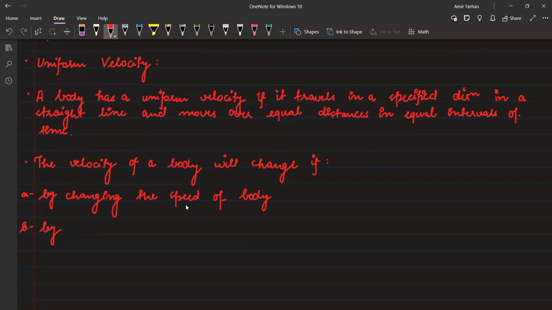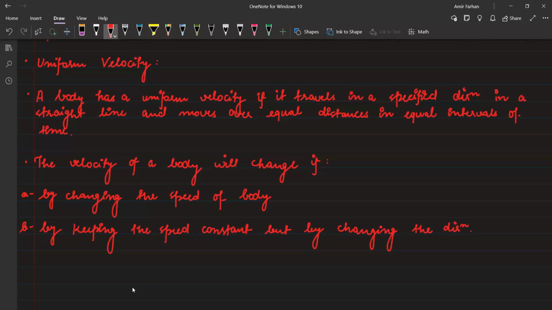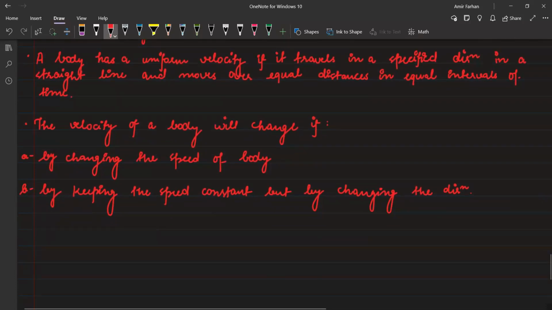And if you keep the speed of a body constant but change the direction, so will your velocity remain the same or will it change? Sir, it will change.